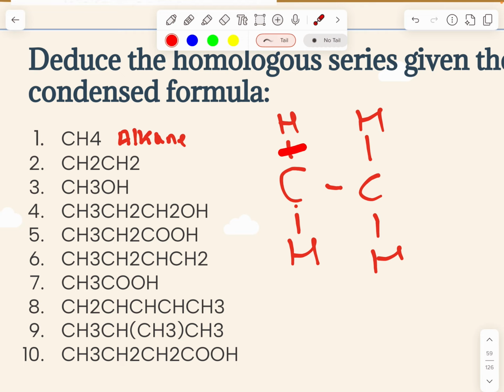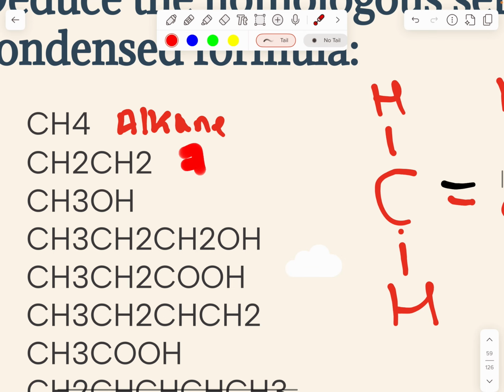So the first carbon has 1, 2, 3. That doesn't seem right because we know it needs to have 4, right? So I'm going to put another bond between our carbons right there, and let's just double check again. So it is 1, 2, 3, 4, and the second one has 1, 2, 3, 4. Right, so this is correctly drawn, and as we can see, it is an alkene. Let me use my pen. This is an alkene.